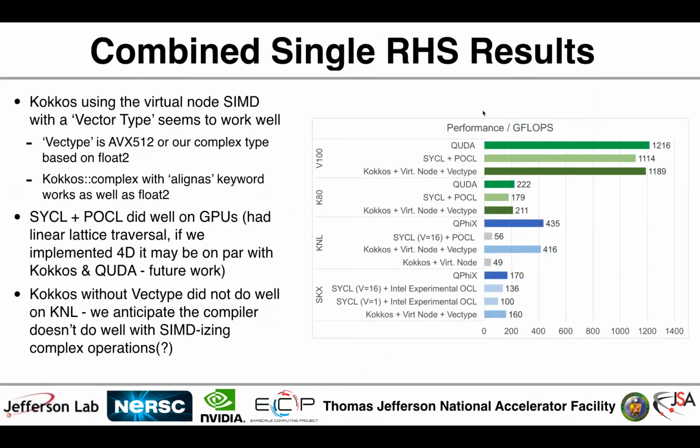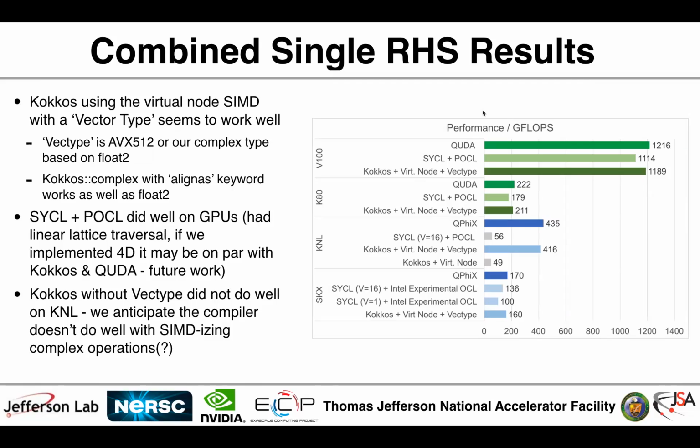And there you can see that on the V100, Kokkos and SYCL give comparable performances to QUDA, but Pocl is an OpenCL runtime that's not sort of community supported, as it were. So one thing that's interesting is that the Intel oneAPI LLVM compiler now has a backend for QUDA, and that I have not yet tested.